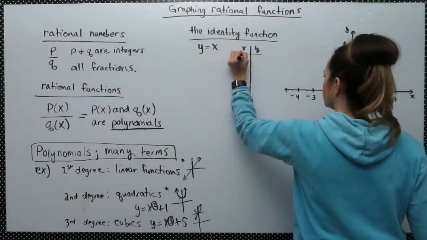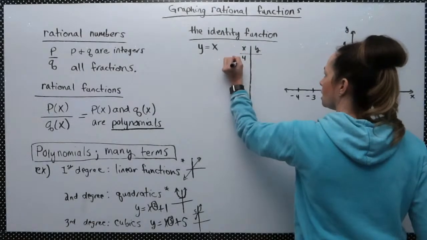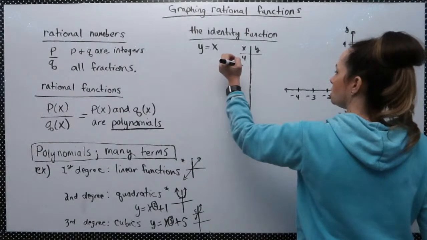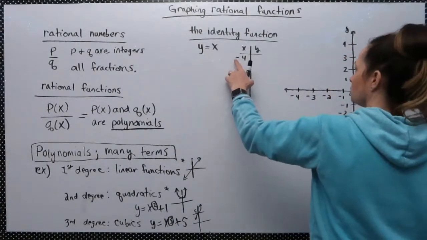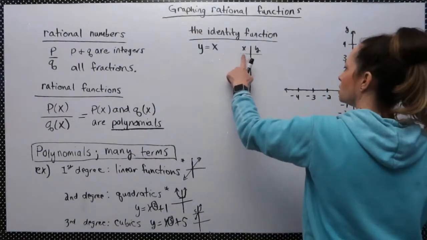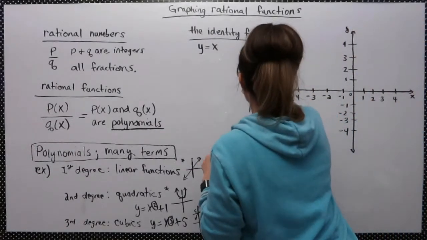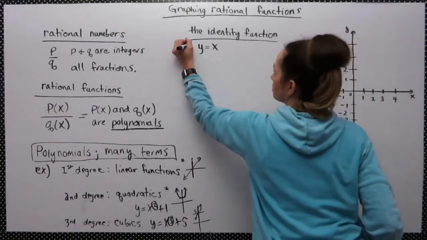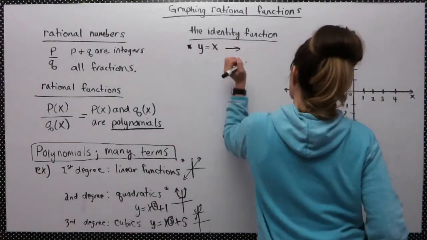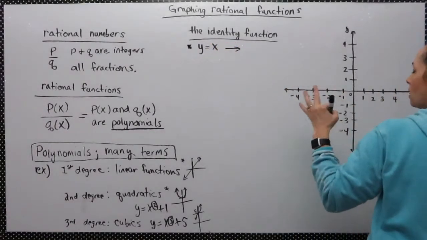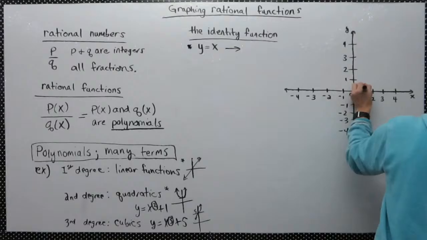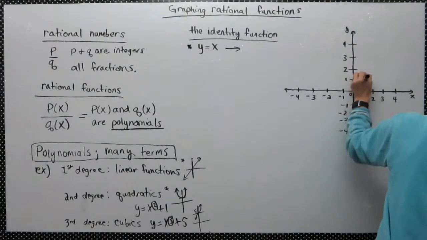So we'll just say -4. And actually, to save room, we're going to go ahead and not have a table for the identity function. We can just plot points, because if y equals x, then I can just say when x is 1, I have 1.